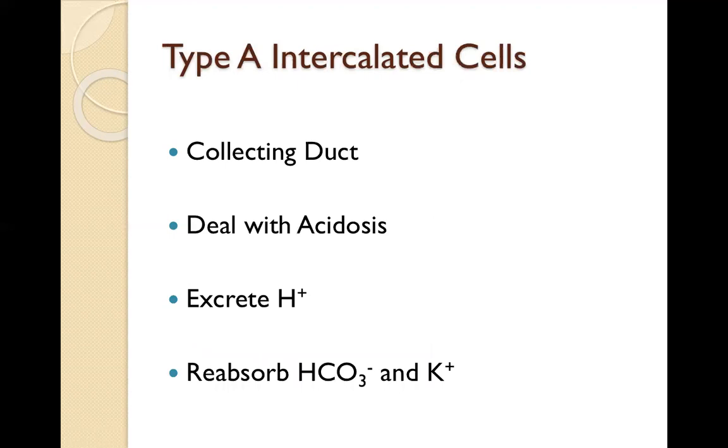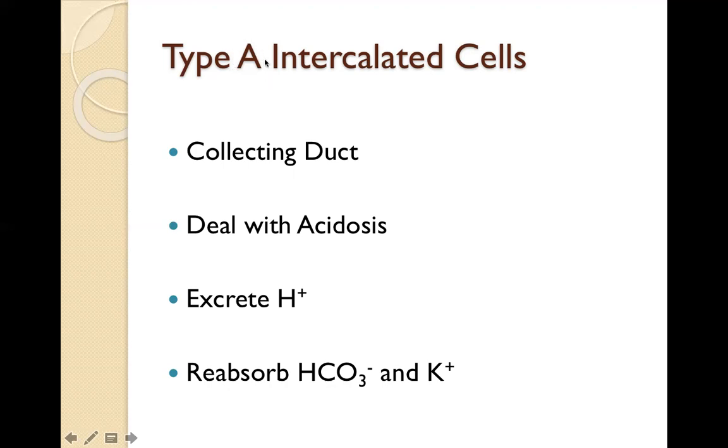And this happens through two types of cells. The first type is a type A intercalated cell. They tend to be in the collecting duct, and they deal with acidosis. That's how I remember it. They deal with acid, an increase in acid, an acid state in the body. I know that the other word is alkalosis, but just wait, there's a way to remember it.